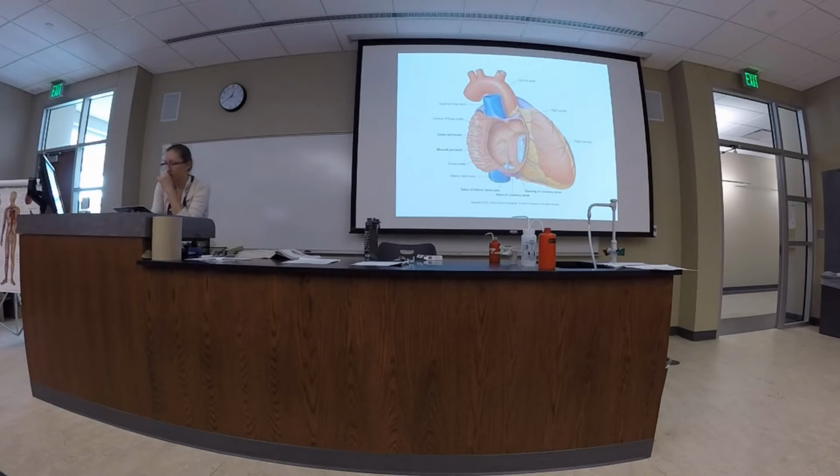There we go. So then let's talk about each of the different major components of the heart. So this is the right atrium, and it is receiving blood from the superior and inferior vena cava, and also the coronary sinus.